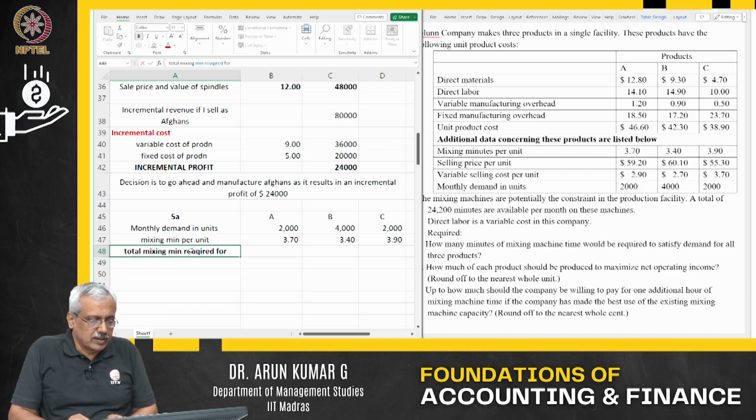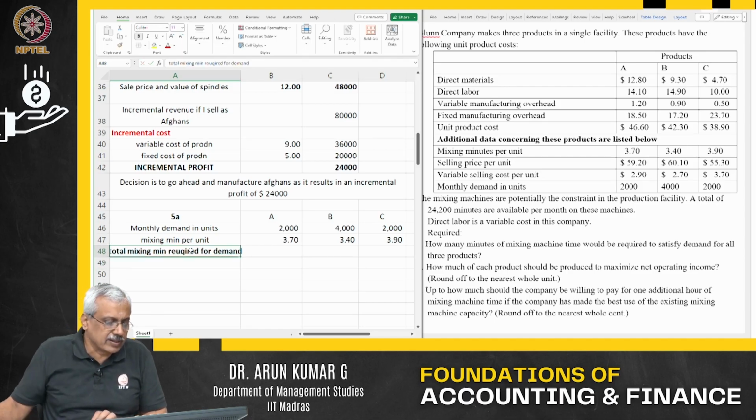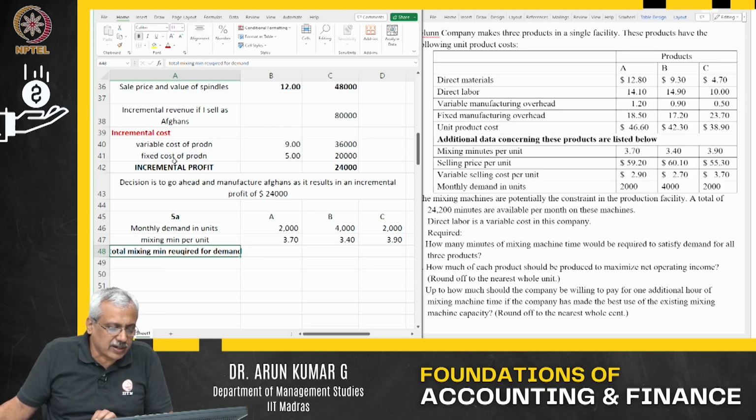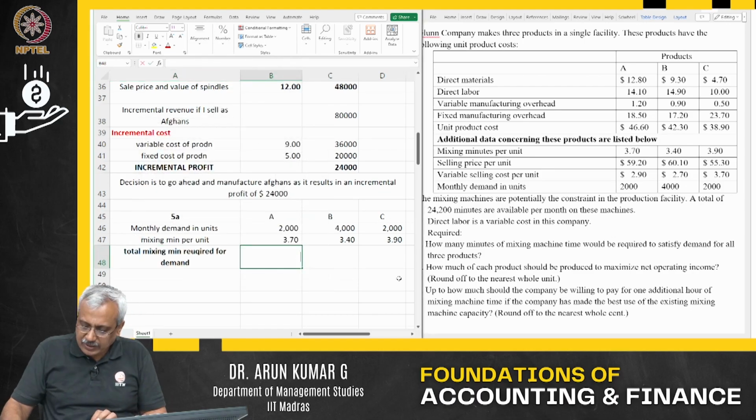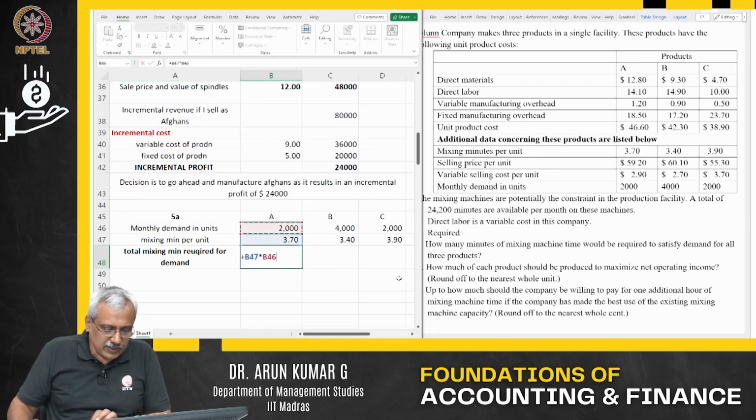for the demand, total mixing minutes required for meeting the demand in this particular case. I am just wrapping the text, and that is nothing but this into this.